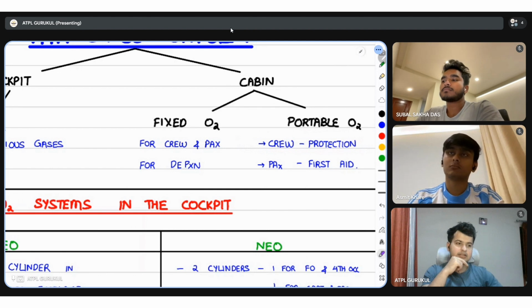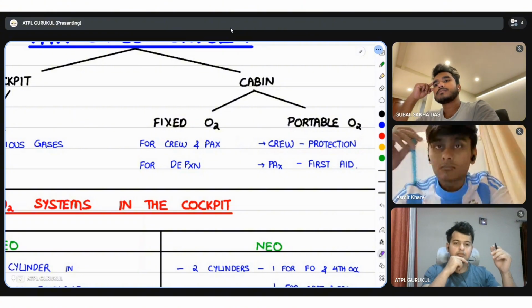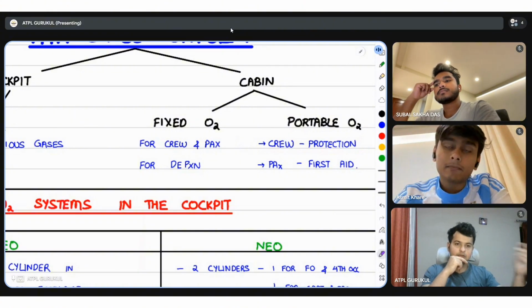Okay. Basically, a crew can take a mask, connect it to this oxygen cylinder, and maybe when they are firefighting or probably when they are finding their way through smoke, or let's say there's a lot of turbulence, there's hypoxia.